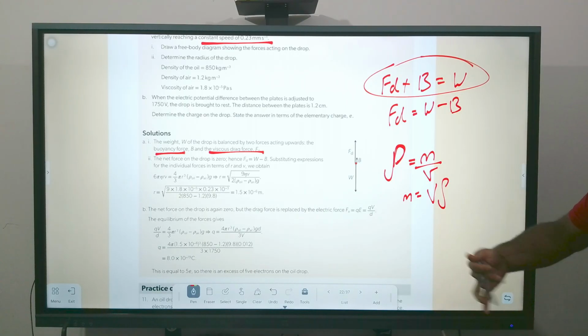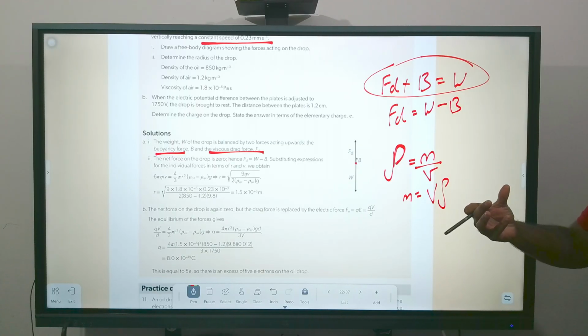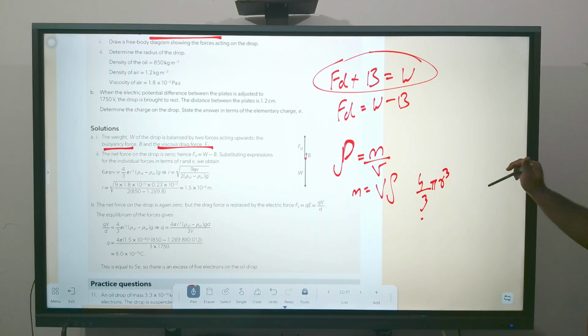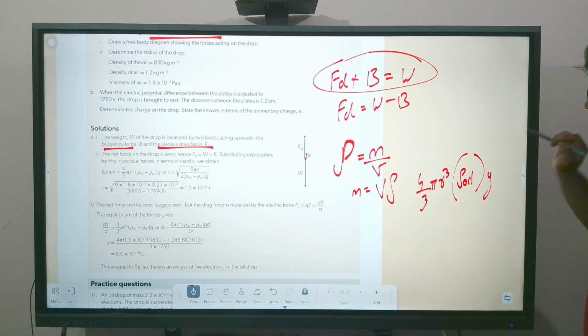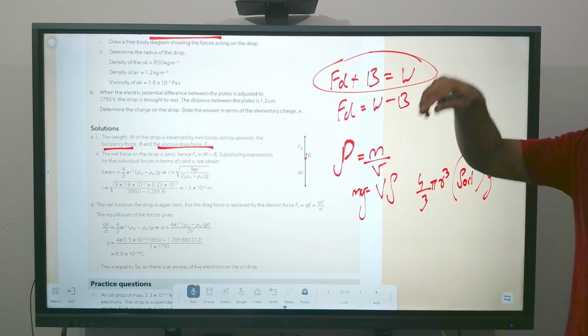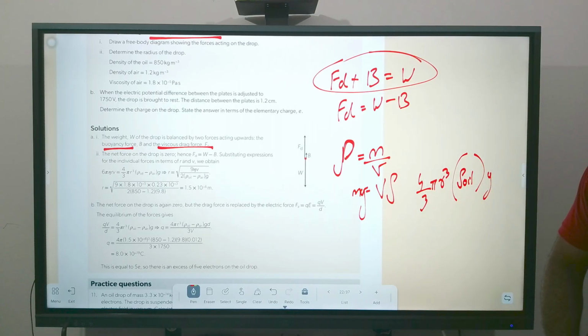The volume of the spherical oil drop is 4 by 3 pi r cubed, times rho, where rho is the density of oil, multiplied by g. So this is mg, the weight of the oil that is going downwards.